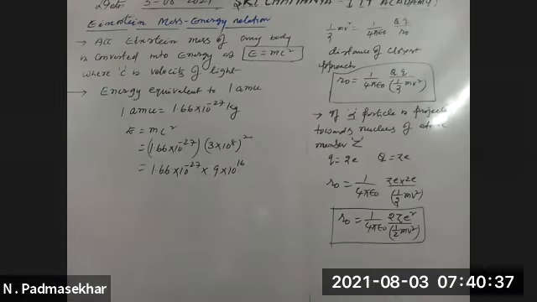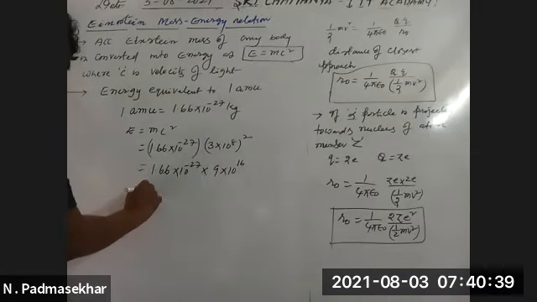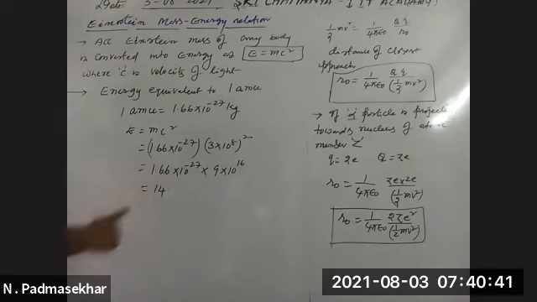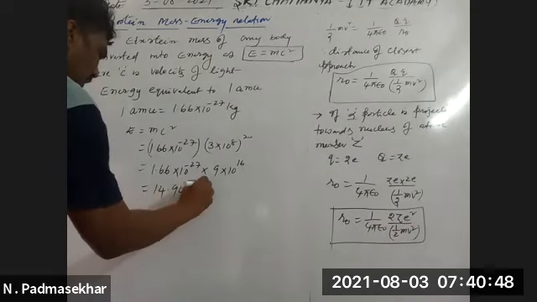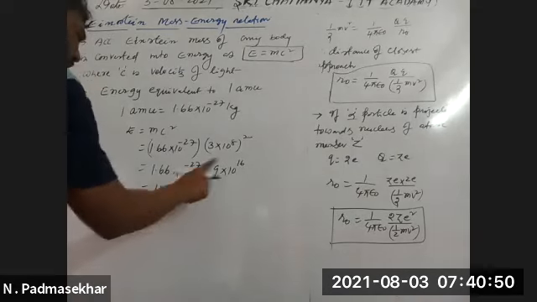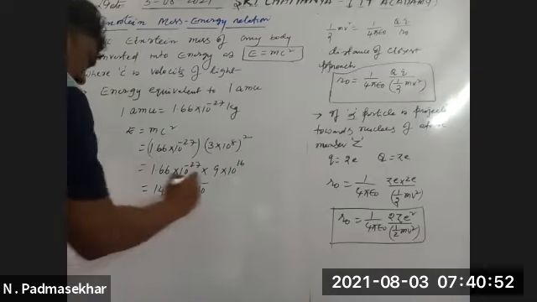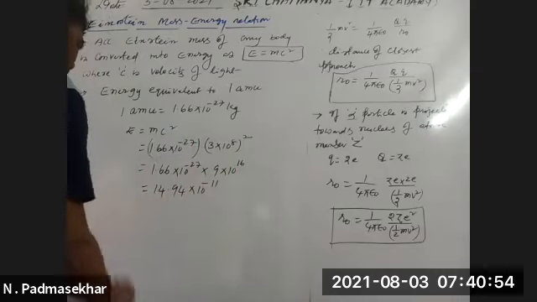This is equal to 14.94 into 10 power minus 11.